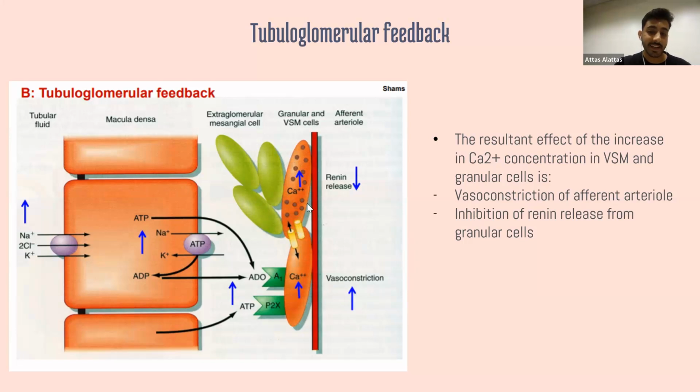So calcium will decrease the renin release. By this, the net effect of both vasoconstriction and decreased renin release is decreasing the GFR. So by this, you're maintaining a constant renal plasma flow and GFR. Did you get it?